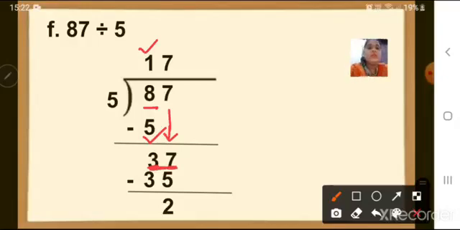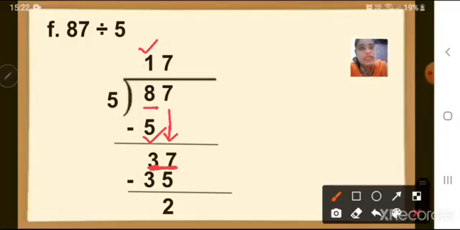Okay, don't forget number 3, because after subtraction we didn't get 0, we have got 3. That number also we have to take together. So it will become 37. Now children, in 5's table 37 will go? No. But 5 sevens is 35, which is a nearby number.